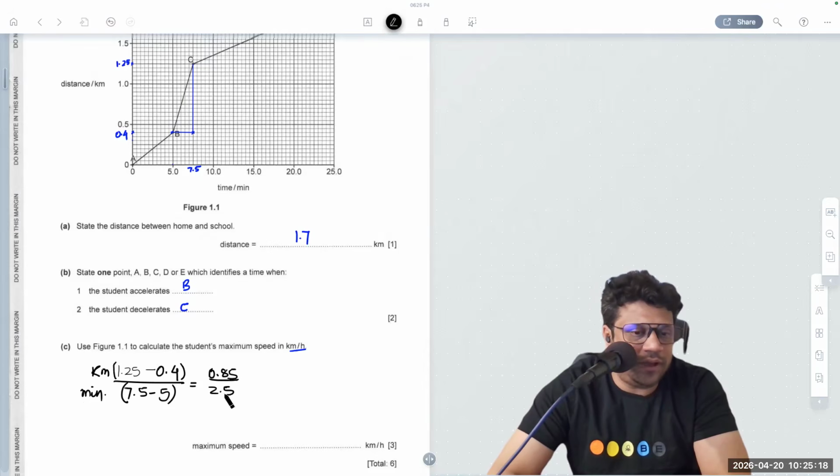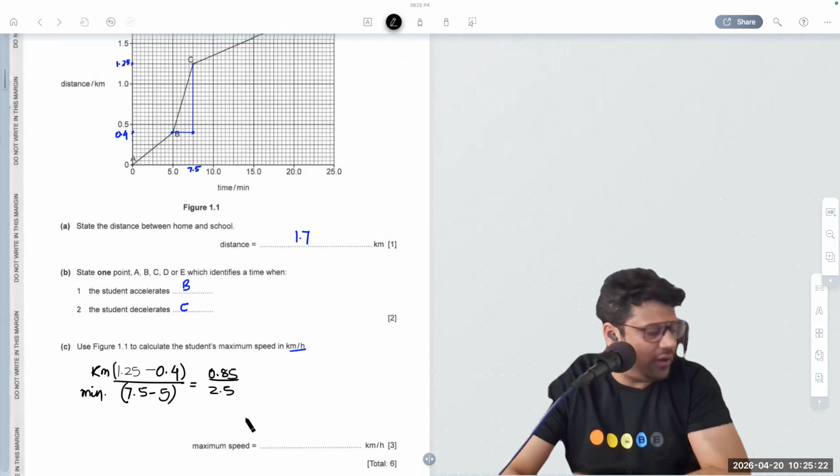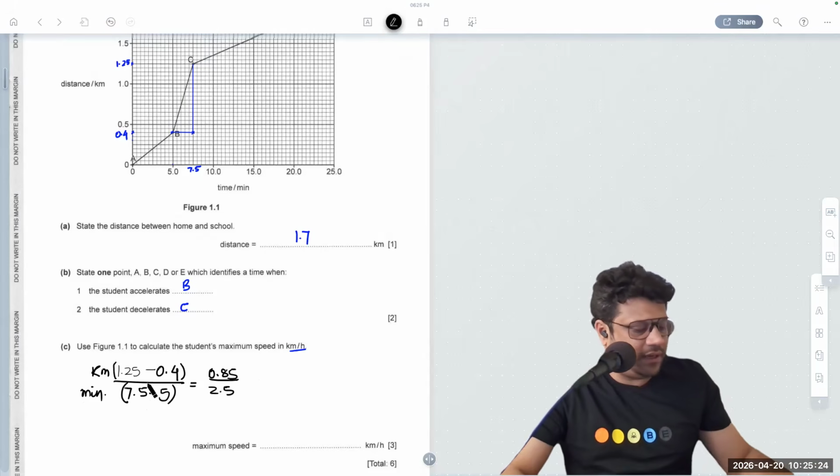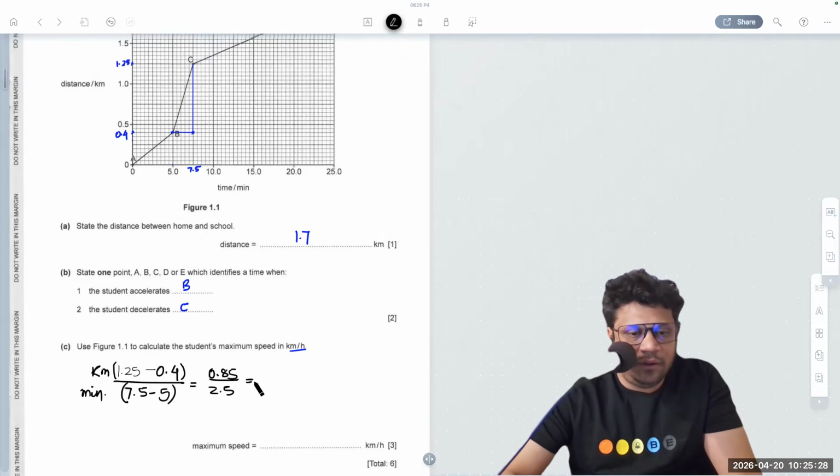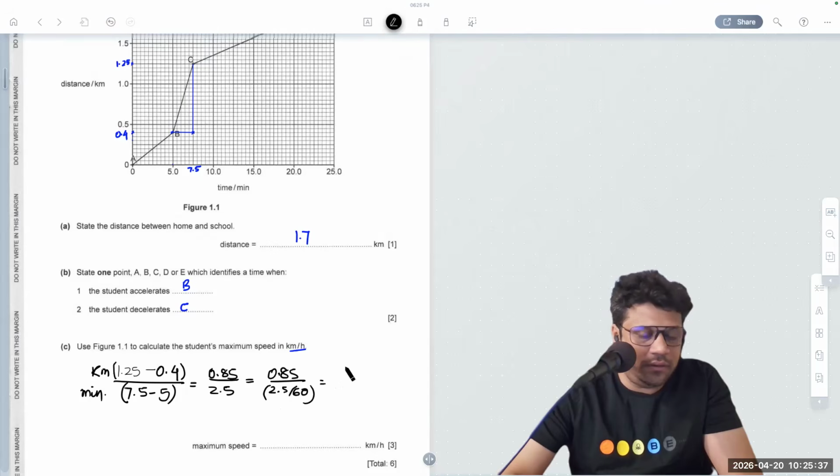So you need to convert this into kilometers per hour. I could find the speed in kilometer per minute and then convert it, or maybe I'll do it right now. I know 0.85 kilometers in 2.5 minutes, and 2.5 minutes is 2.5 divided by 60 hours. So it's going to be 60 multiplied by 0.85 divided by 2.5.